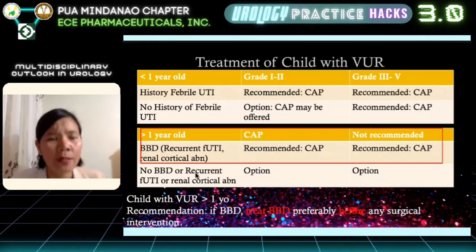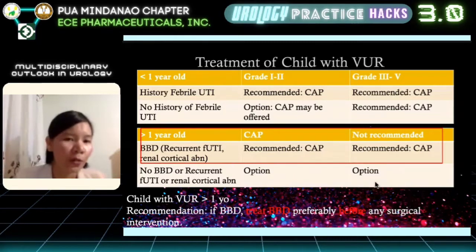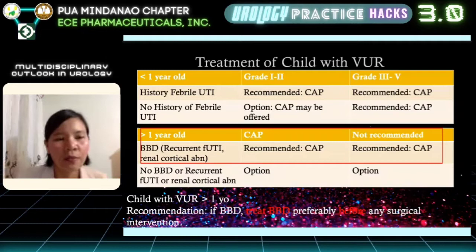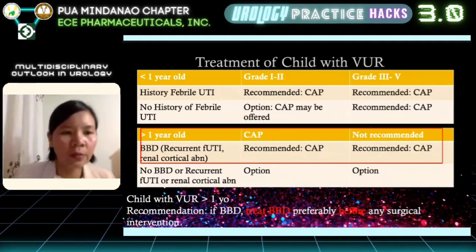For boys, toilet trained, even with high grades of VUR, if the patient doesn't have BBD or recurrent febrile UTI or abnormality in the renal scan, then CAP can be optional. It is important for children with VUR who are more than 1 year old.